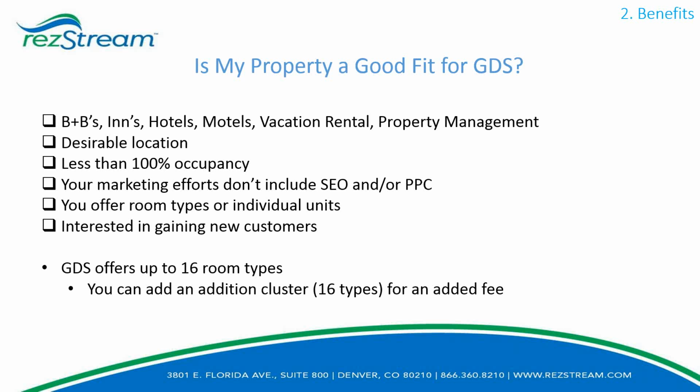Now, for those of you that have more than 16 individual rooms that are interested in adding more inventory, you can do so. And you can add an additional cluster, is what they call it, which gets you a second block of 16 rooms for those of you that have individual rooms. Now, granted, there are additional fees for that, but nonetheless, it can be adapted to work for your property needs. So, in my opinion, that's a great thing.